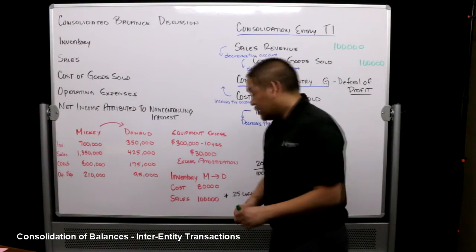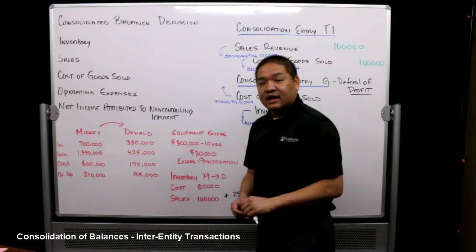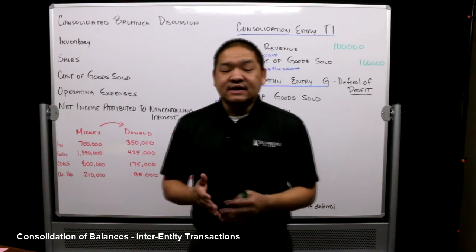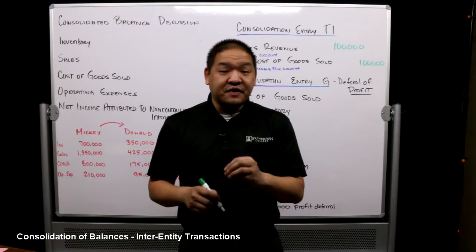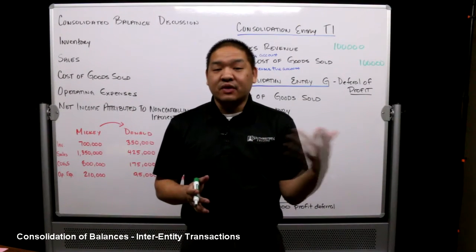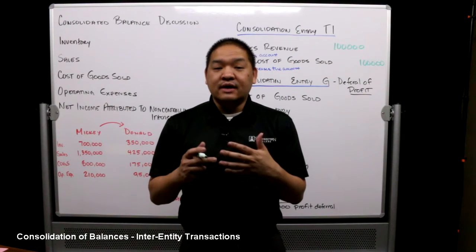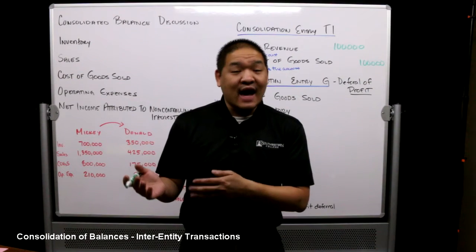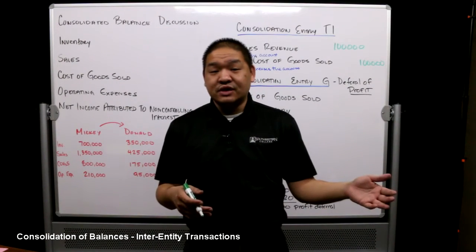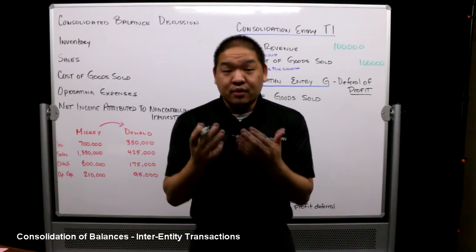So we would have a $20,000 profit, but because we've already sold half of it, we would have to defer $10,000. Why? Because we sold half of it, so $10,000 of profit has been earned because it's been sold to a third party, but the other $10,000 hasn't been earned because it hasn't been sold to the third party, so we would have to defer $10,000 in profit.